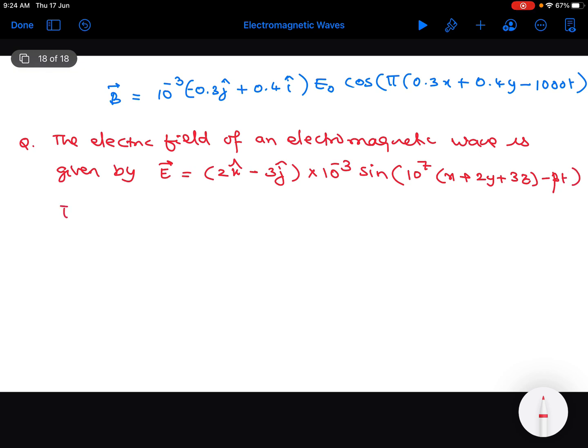The value of beta is, where c is the speed of light.